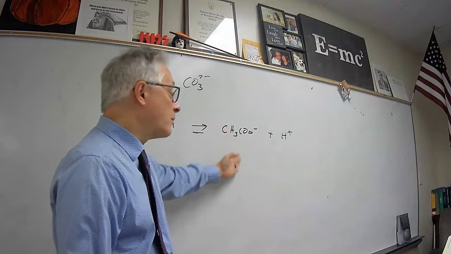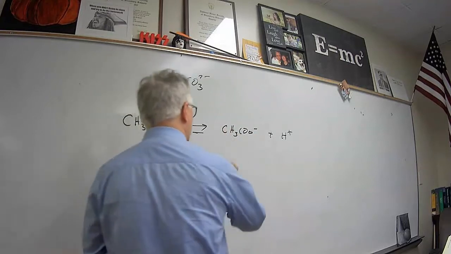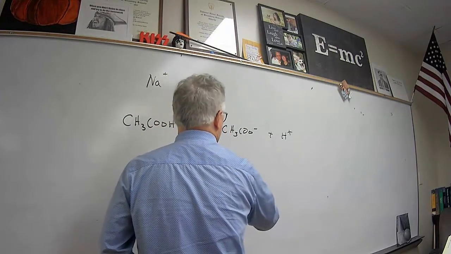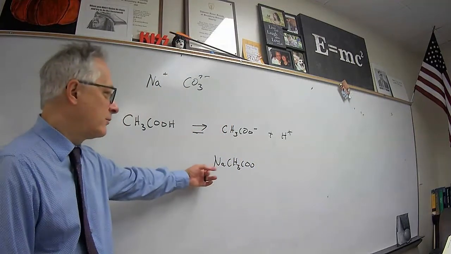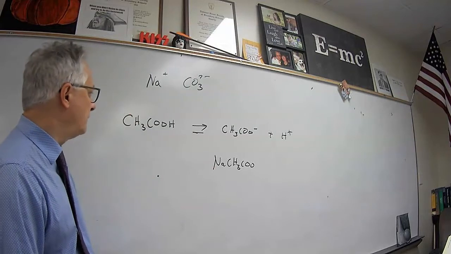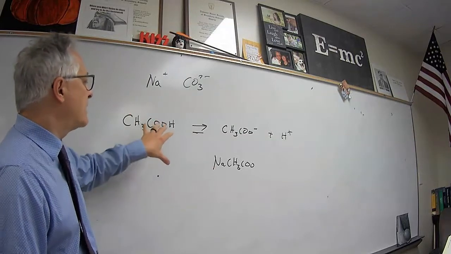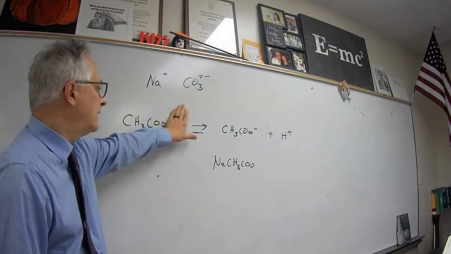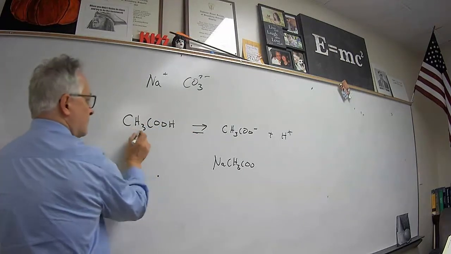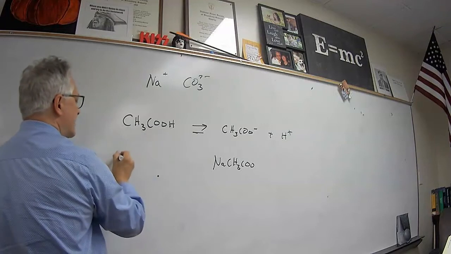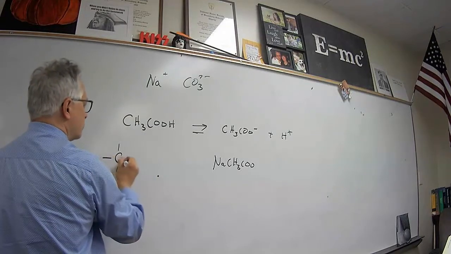And then you can form that into a salt. For example, you could have sodium acetate. As a matter of fact, we'll be playing with that a little bit this year. But acetate comes from acetic acid with the proton removed. And the reason they write it with that COOH is because it's a condensed structural formula.